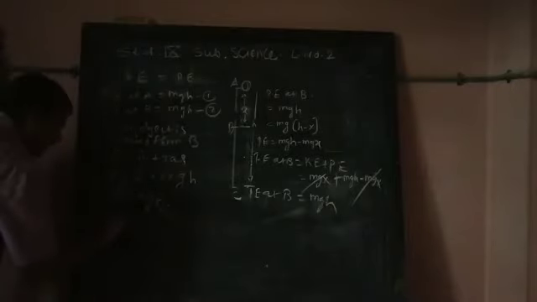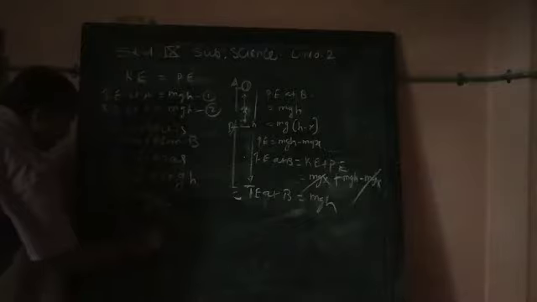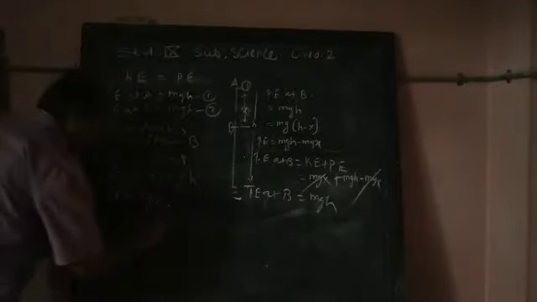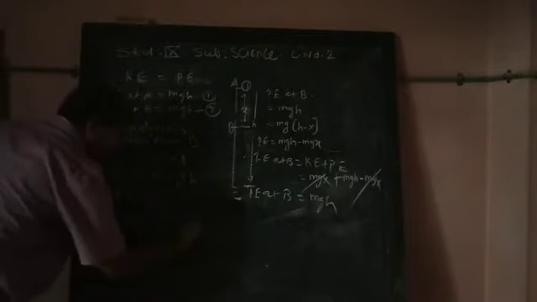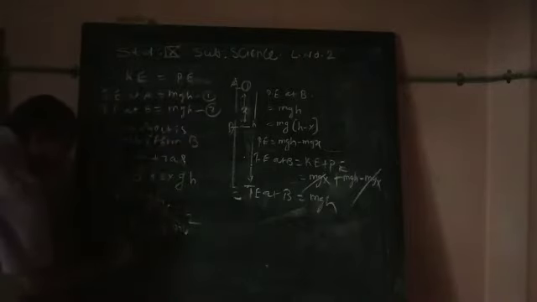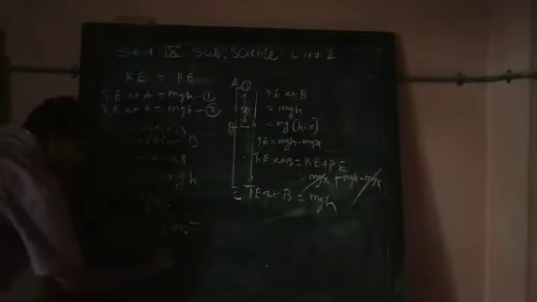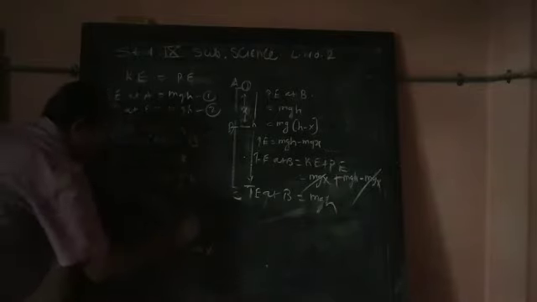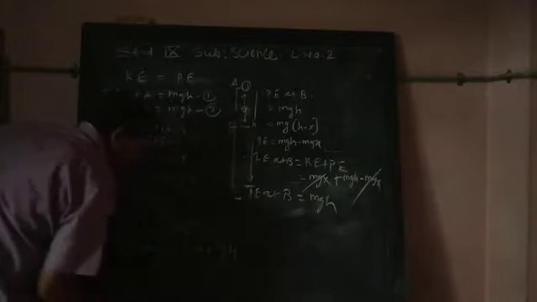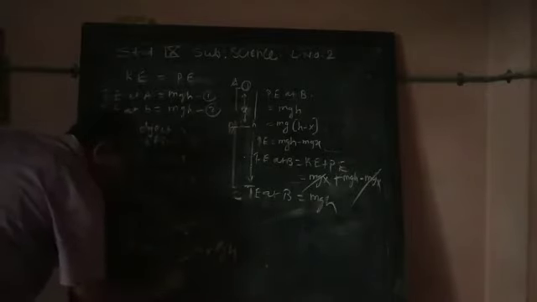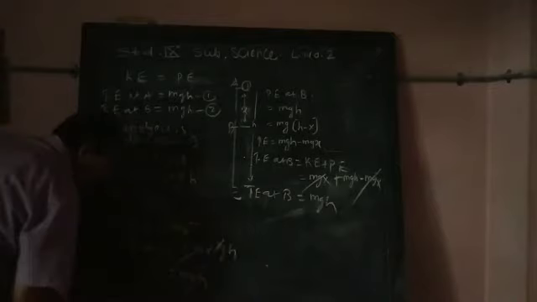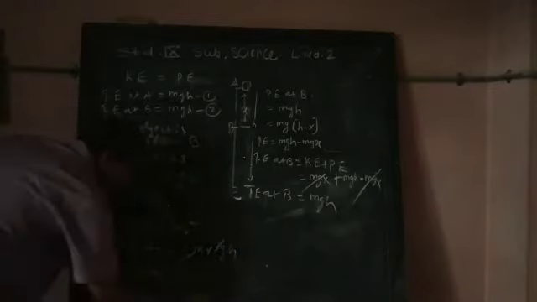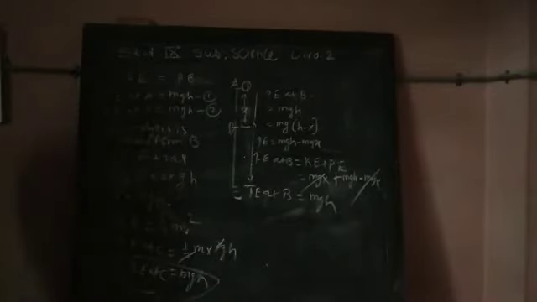Then we will calculate KE. Kinetic energy is equal to half mv square. So kinetic energy at C is equal to 1 upon 2 into m into 2gh. So 2 cancelled, it comes mgh. Kinetic energy at C is equal to mgh.